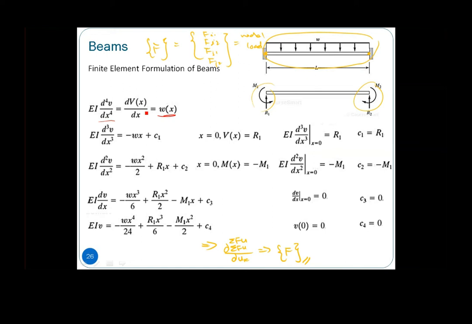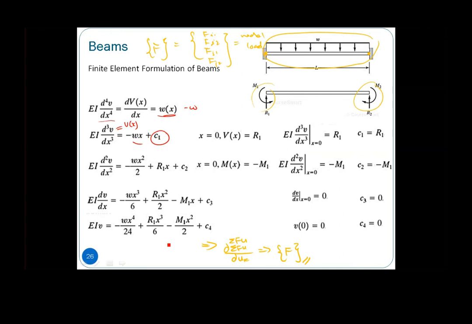Then you integrate it, so you have EI d3V/dx^3 equals negative W coming down, so negative wx plus C1. This C1 can be obtained from EI d3V/dx^3, which is also equal to our V, the shear force.